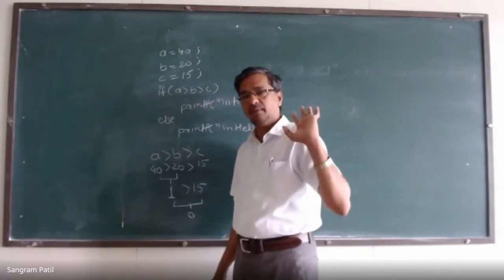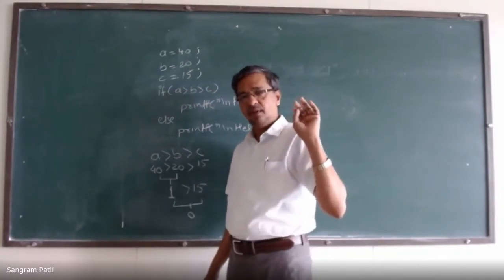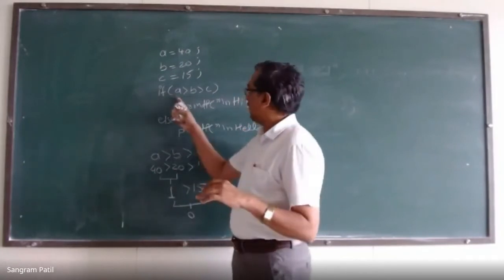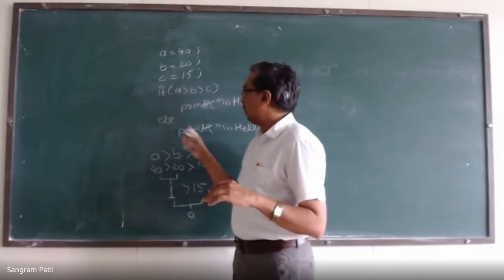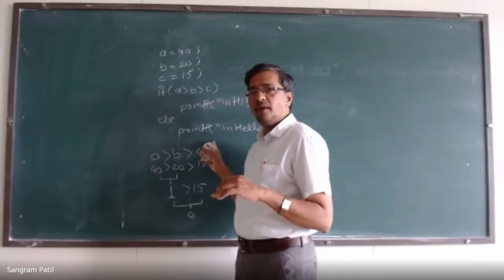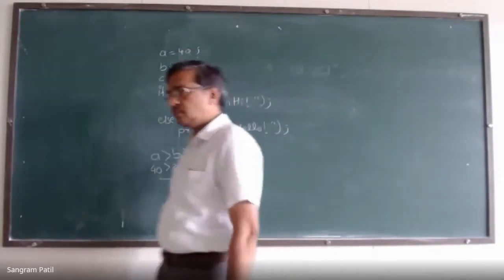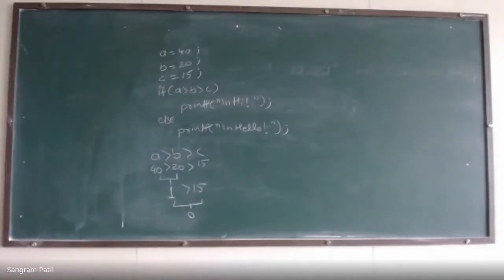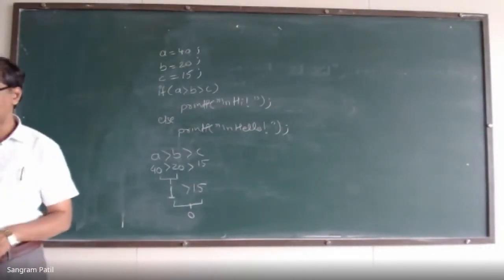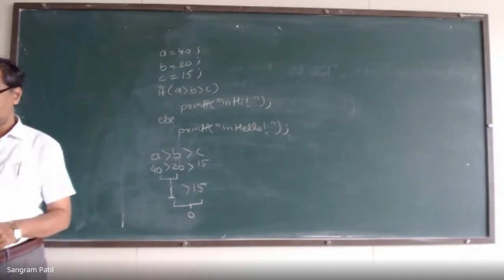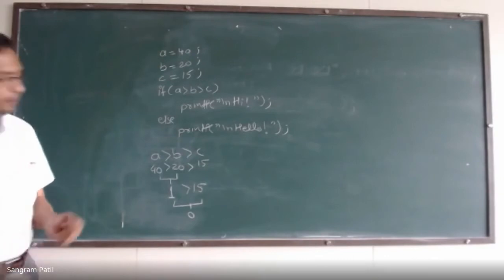Henceforth, in any programming language, remember this, whenever this bracket evaluates to 0, your compiler will execute the else part. In all other cases, it will execute the if part. I think this is clear now. Clear? Okay.